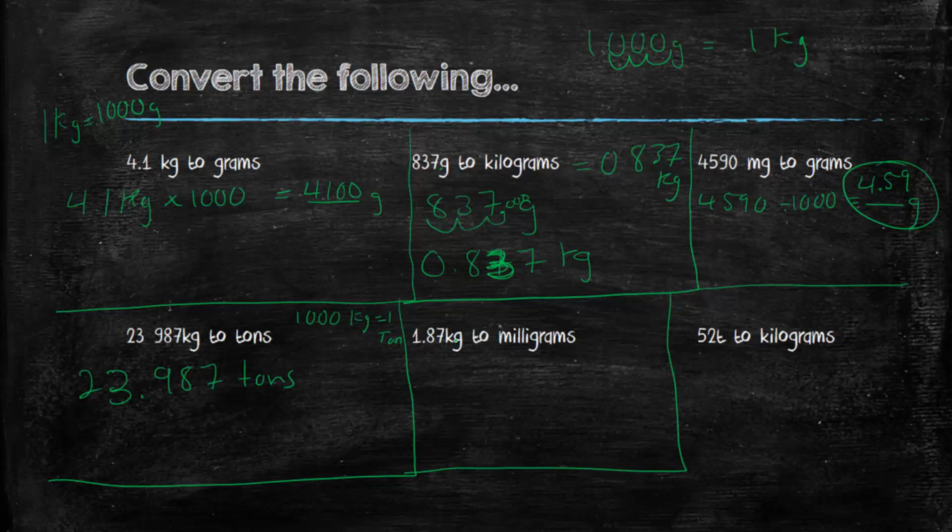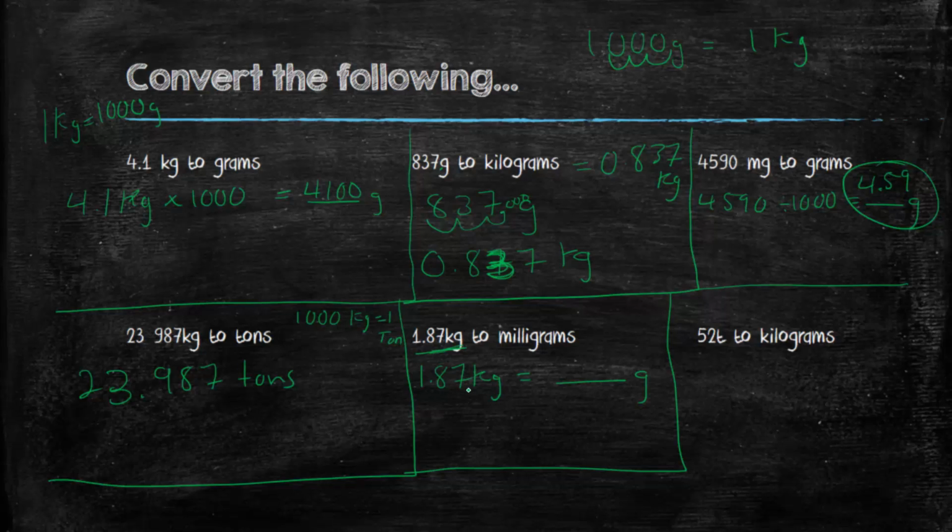Kilograms to milligrams. This is really tricky. Here, this is a two-step solution. Because the easier way is to convert kilograms to grams, then grams to milligrams. So let's do that. 1.87 kilograms equals how many grams?